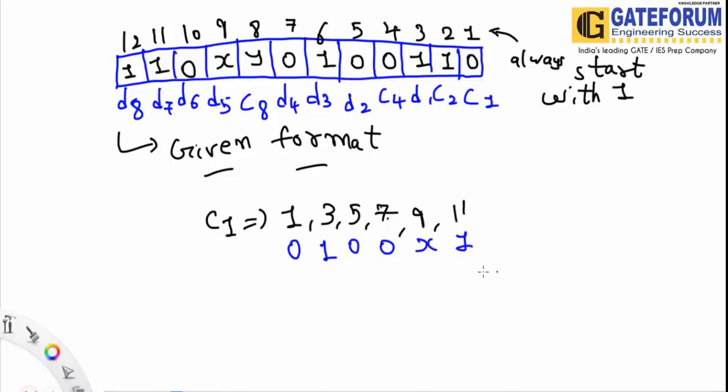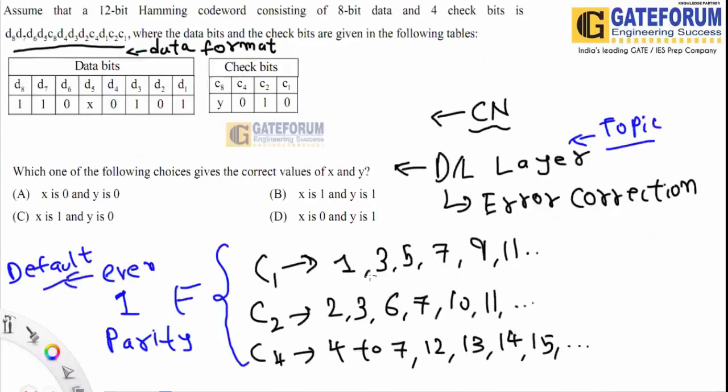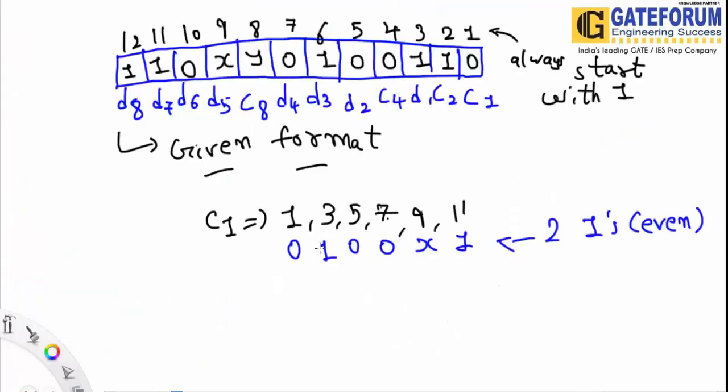Okay, so in total we have two ones here. We already have two ones, which is an even number. We should have an even number of ones in total, which is the even parity. So based on this, if we place X with the value 1, at that point of time we will have three ones.